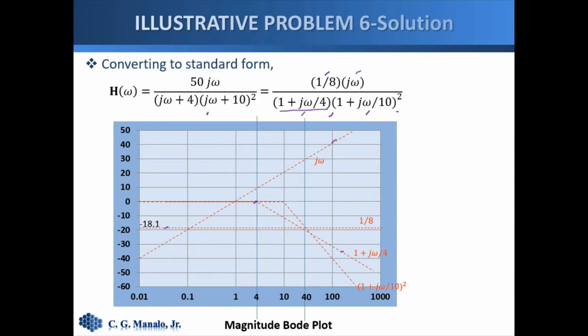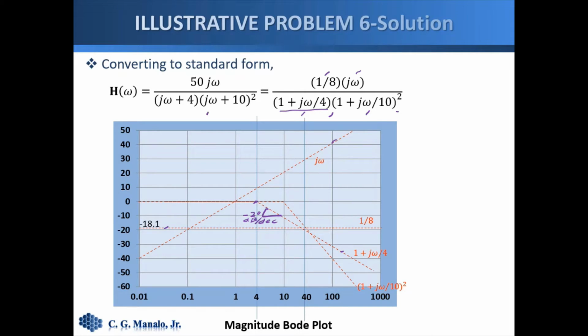Before that frequency, H dB is 0, and after that it makes a positive slope or negative slope of 20 dB per decade. So this one has a slope of negative 20 dB per decade.